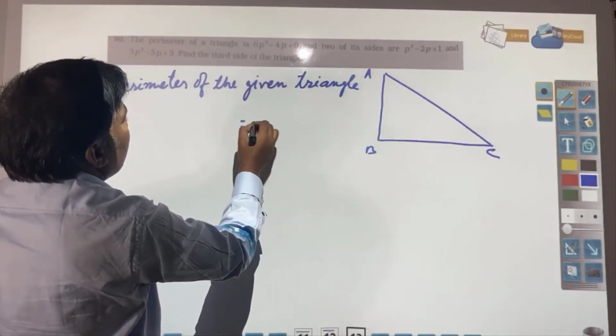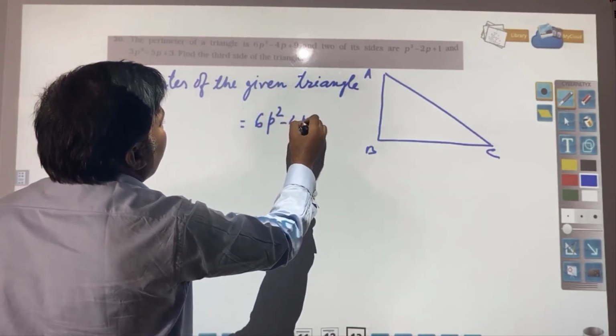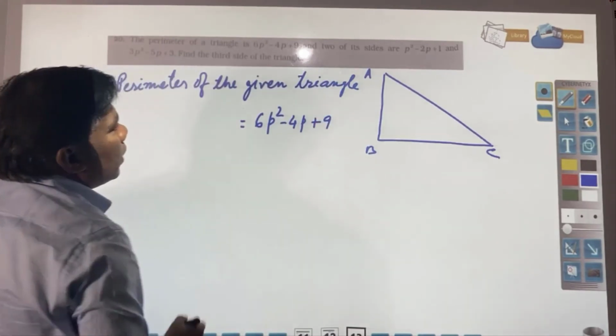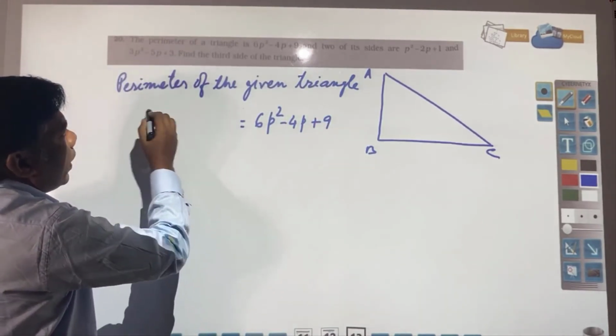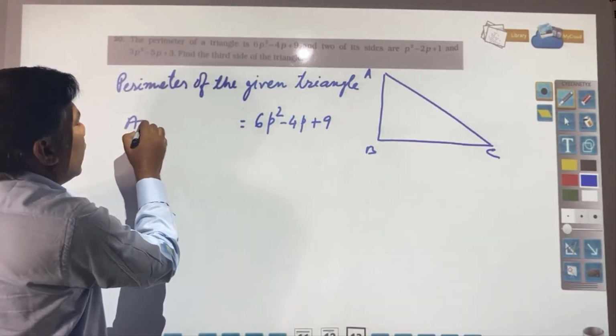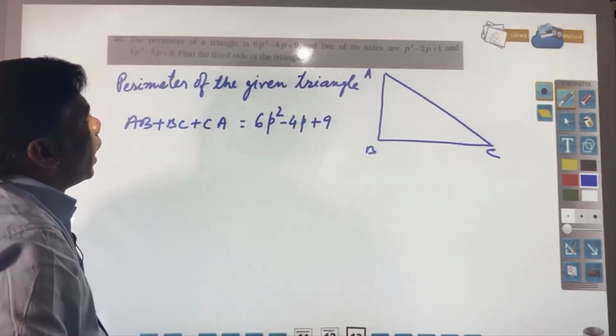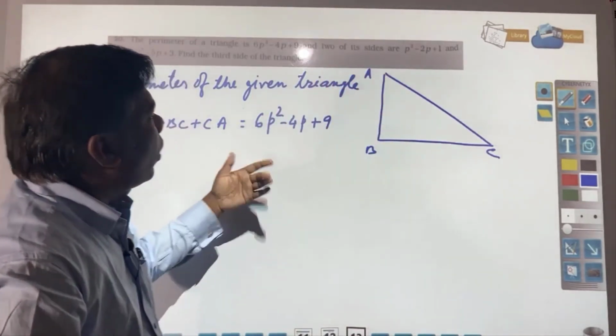is equal to, as given, 6p square minus 4p plus 9. And the perimeter of the given triangle is AB plus BC plus CA. Here two sides have already been given.